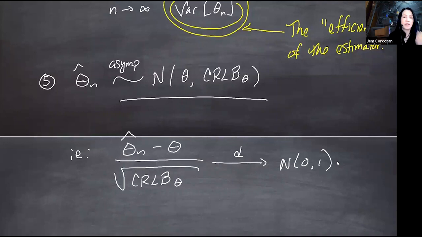Like if you need to make a confidence interval or do a hypothesis test, construct a test for something, and you don't have any good common sense estimators to use because the PDF is just really complicated and it's not clear how to interpret the parameter, you could find the MLE, the maximum likelihood estimator, and then use the fact that the MLE is getting roughly normal for large samples.